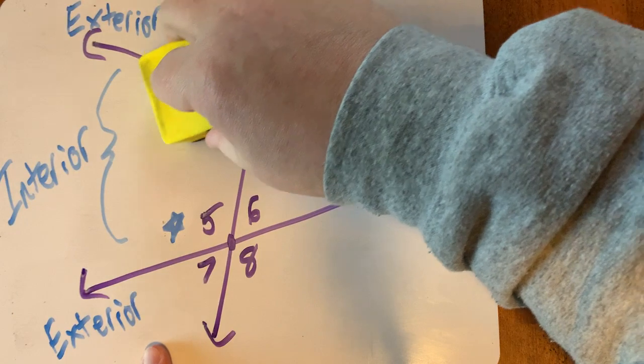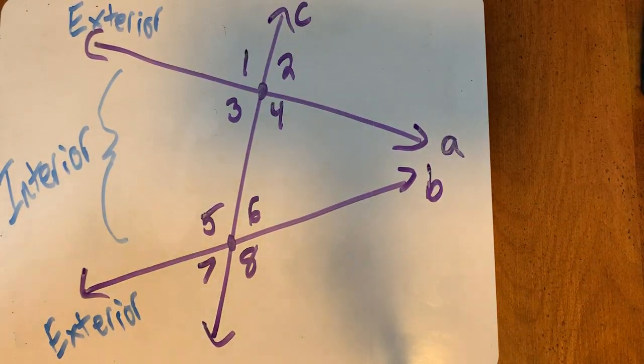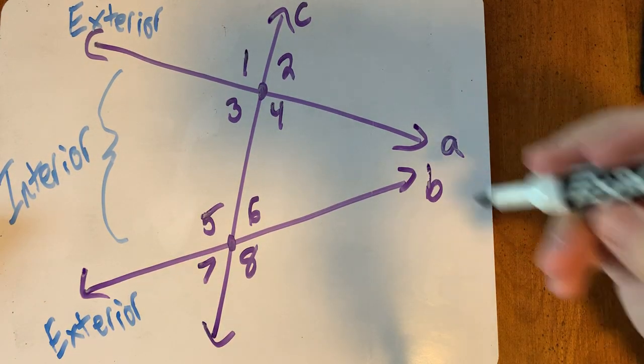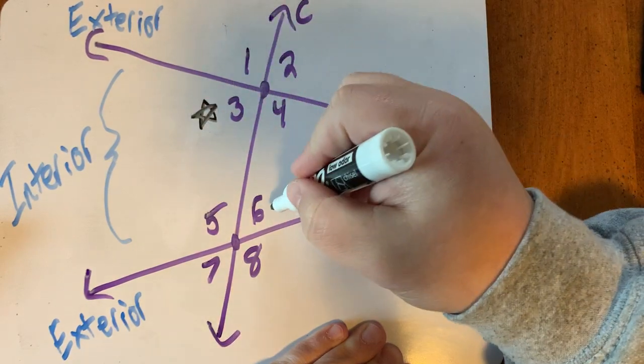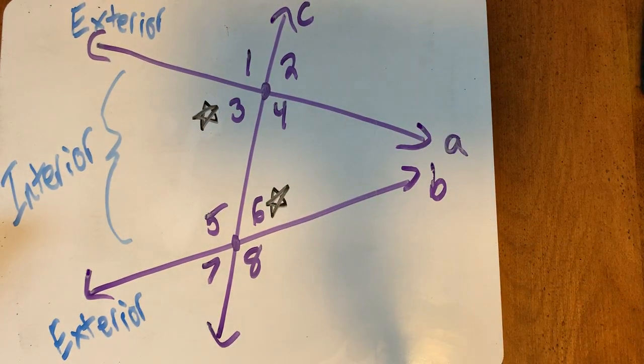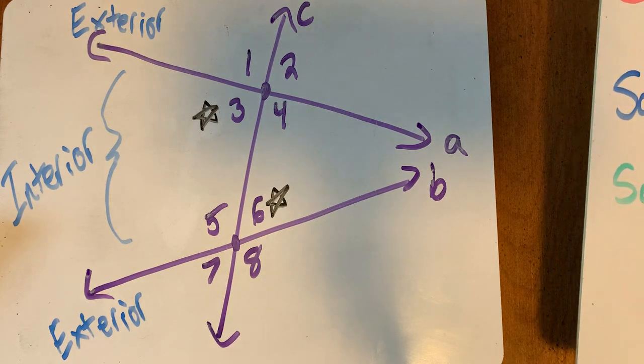So what if they're not on the same side of the transversal? So this would be like 3 and 6. Angle 3 and angle 6. They're still interior, so it's got to be something interior angles, but they're not on the same side of the transversal. They're on opposite sides.